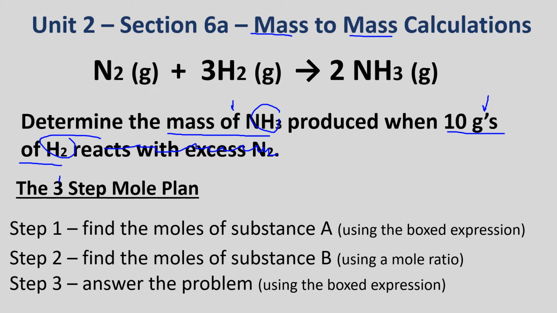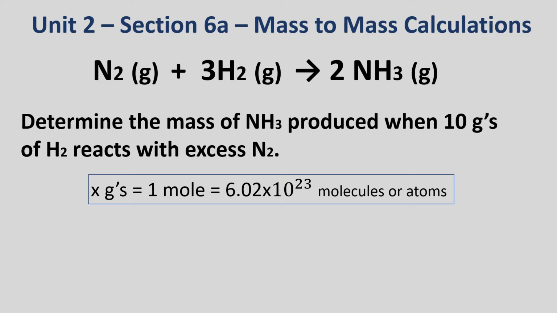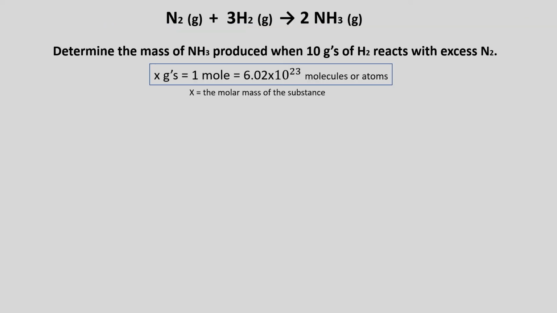I want to delve into these 3 steps a little bit more, but before we do, I'll remind you that this is our boxed expression that contains grams and moles and Avogadro's number, and X is our molar mass. All right, so let's take a look at what we're going to do in these 3 steps.